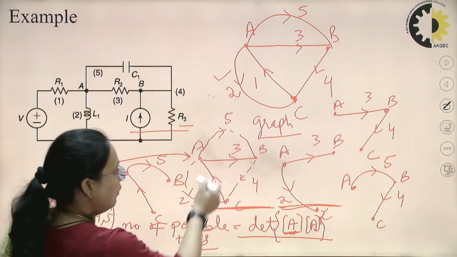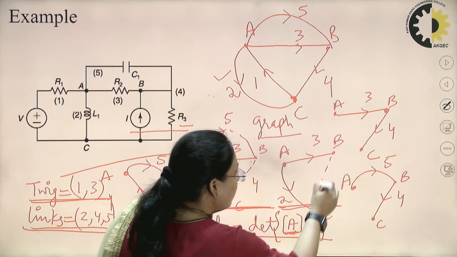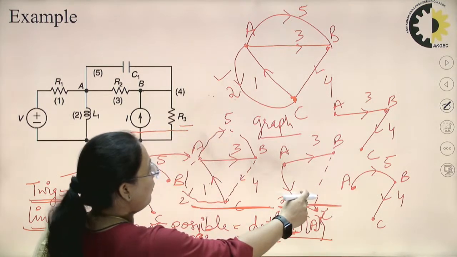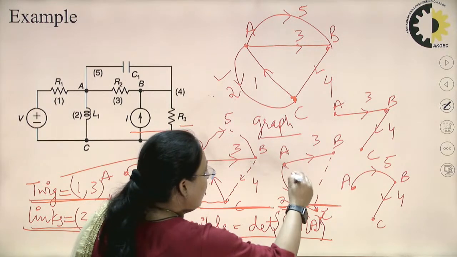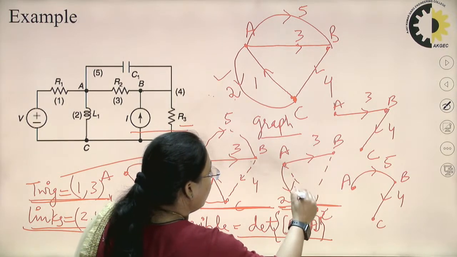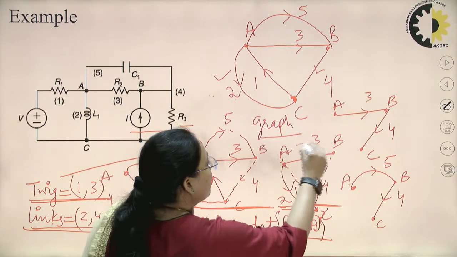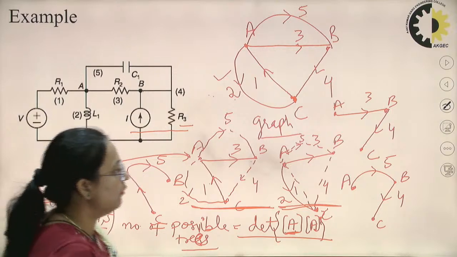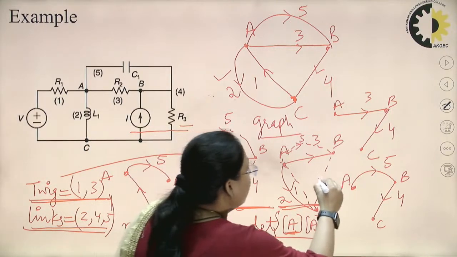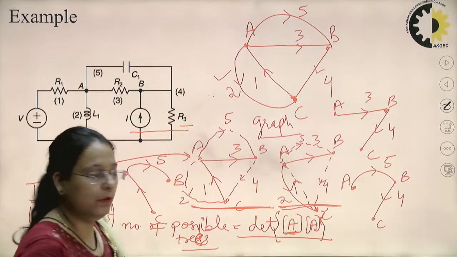So once again, for this particular tree, 2 and 3 are the twigs, and branch number 1, 4 and 5 will be called the links and will be represented by dotted lines.